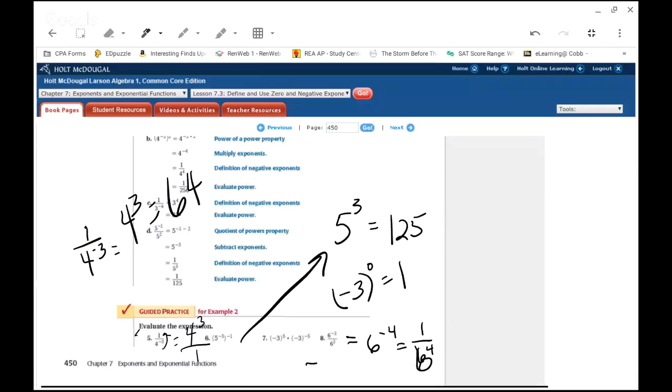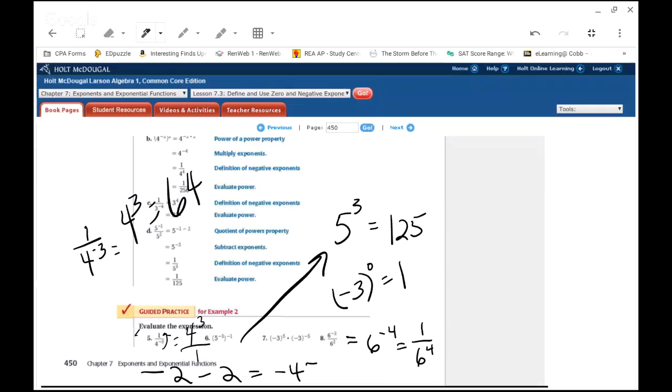Sorry, that looks like a 64. That's supposed to be 6 to the 4th power. How did you get negative 4? Negative 2 minus 2. You've got negative 2 at the top, and the quotient property says to subtract. So that's negative 4.